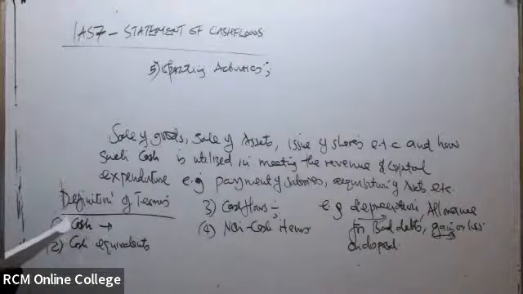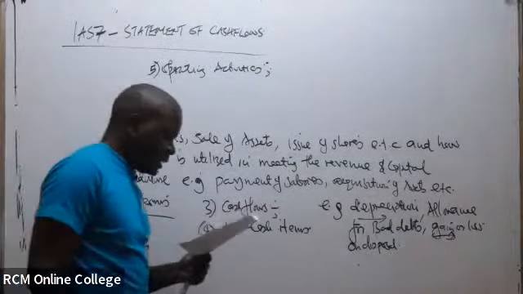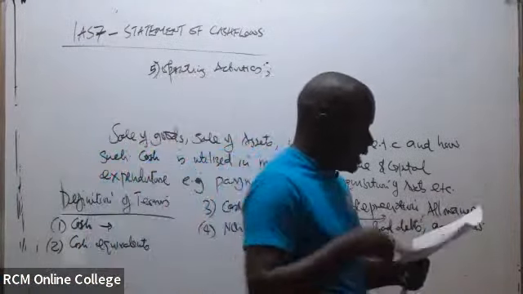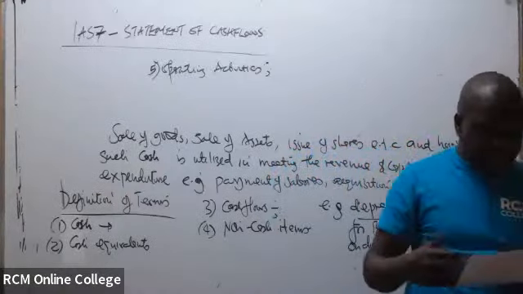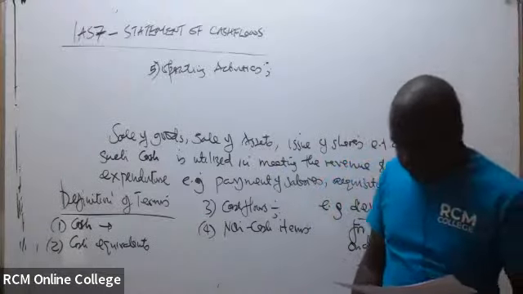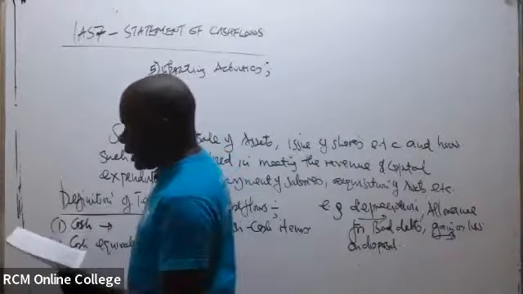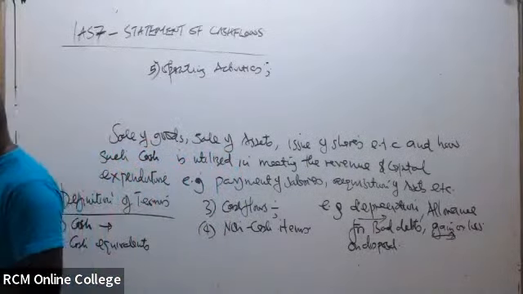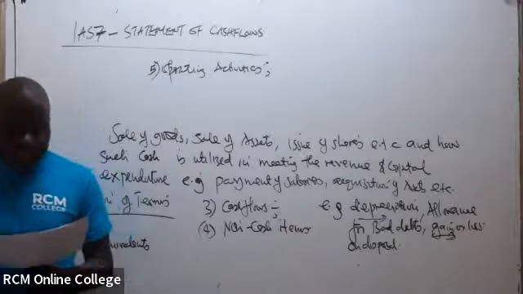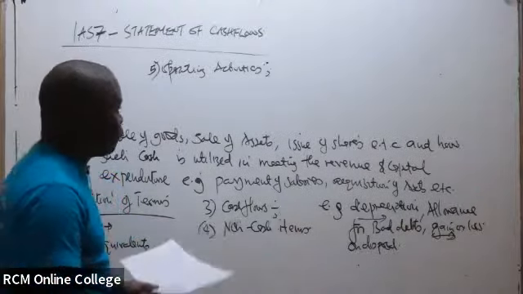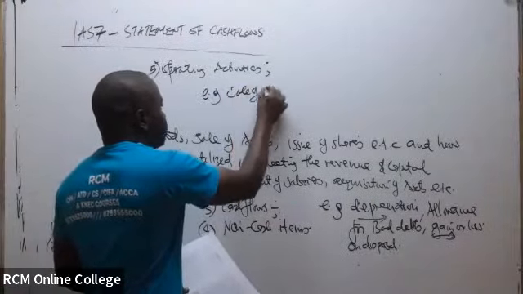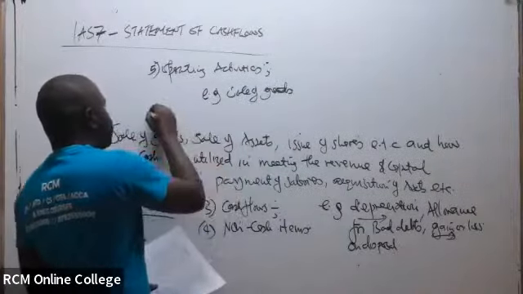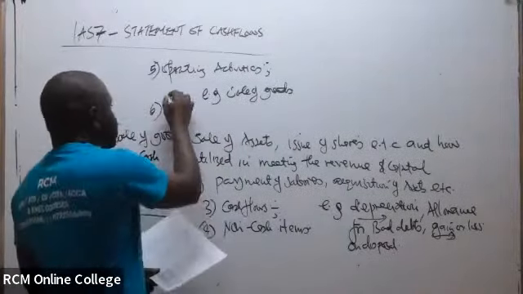So we'll categorize some of the activities as operating activities. These are revenue generating activities of the enterprise, e.g. sale of goods.